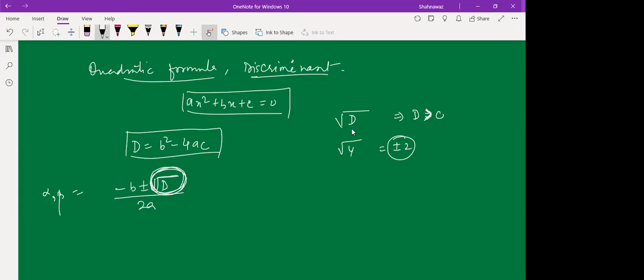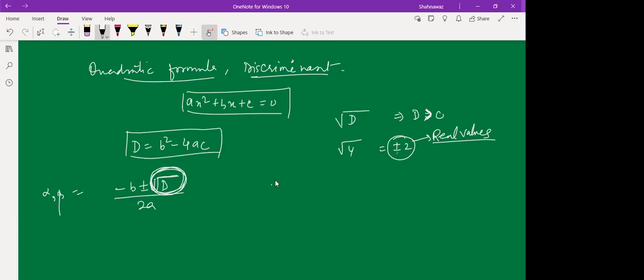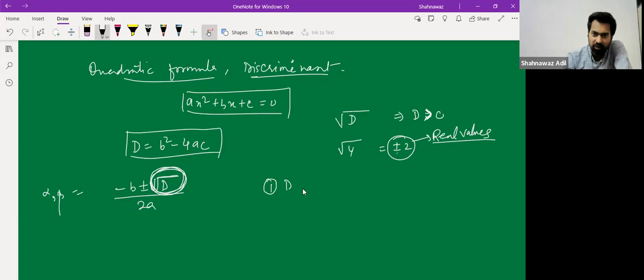So if D is greater than 0, we will find two values, and they are real values. And they are different also. Plus minus 2, so they are different. Understood, guys? So the first condition is D greater than 0: real and unequal roots.